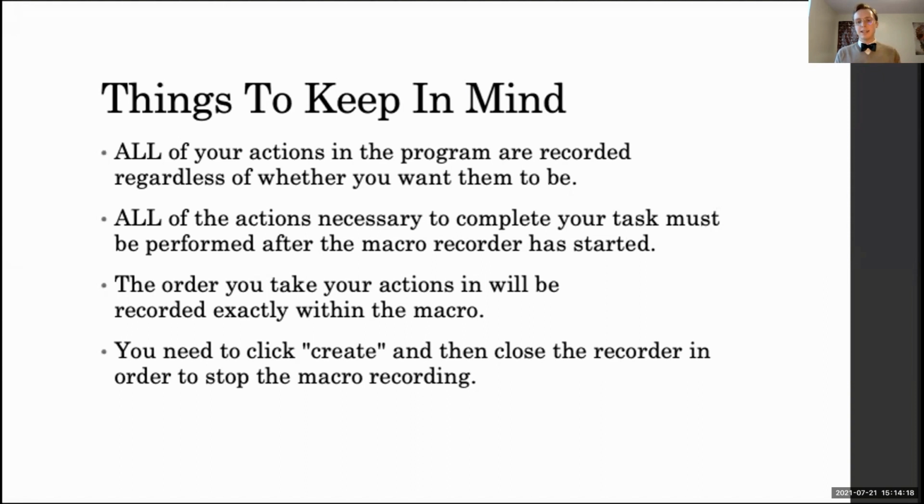And then the last thing I need to make clear is that you need to click create and then close the recorder in order to stop the macro recording. So don't complete all of the actions you need and then just forget about it and start doing something else. You need to click create, or it's going to save all the extra actions in the macro.